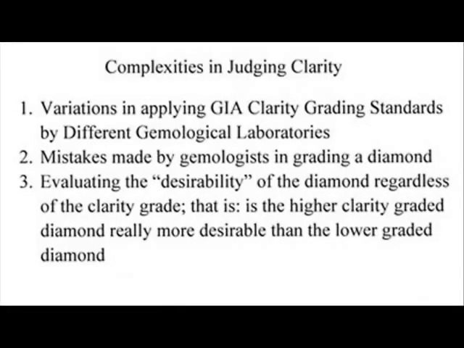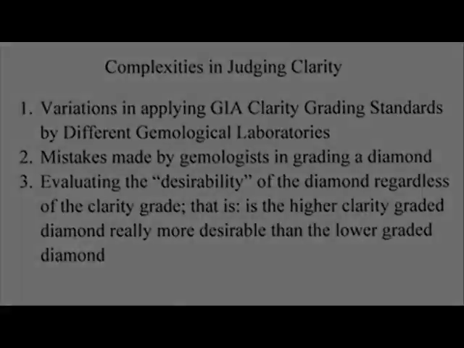There are 3 main issues that you have to be careful of. 1, there are variations in the application of the clarity grading standards by different gemological laboratories, just as there was in the discussion of color. Second, again, mistakes can be made by gemologists in grading a diamond. And third, the grade applied to a diamond has nothing to do with evaluating the desirability of the diamond or the desirability of the nature of that inclusion. Let's cover these issues one by one.